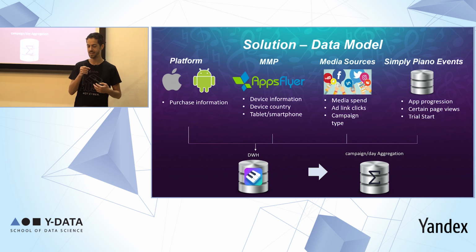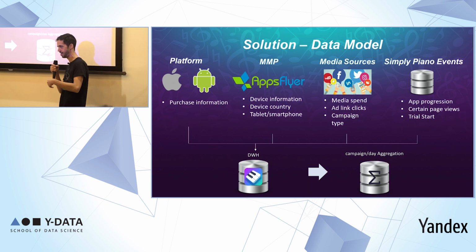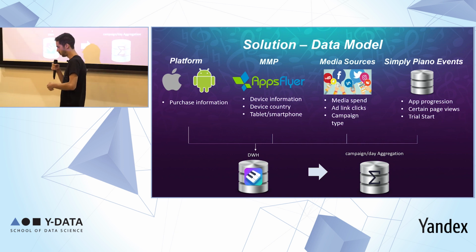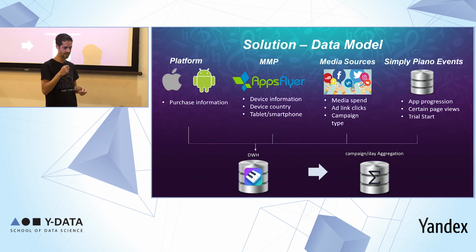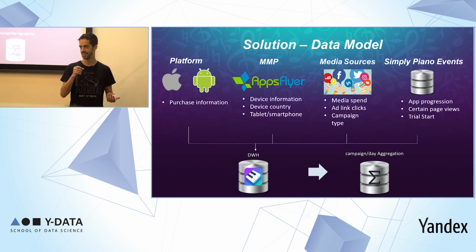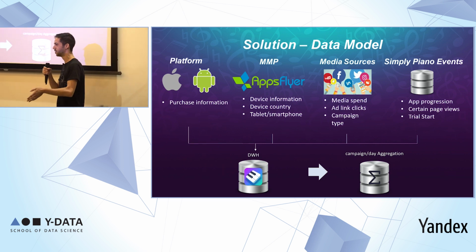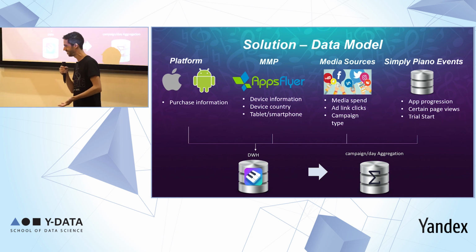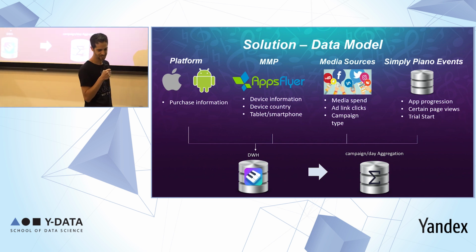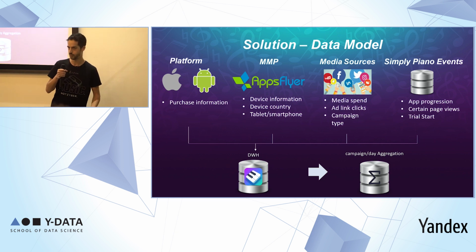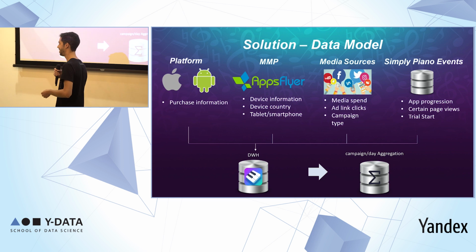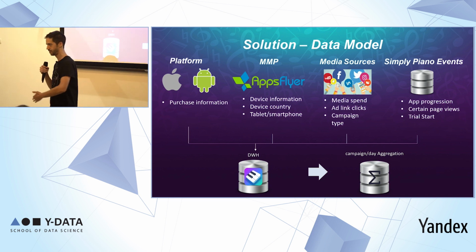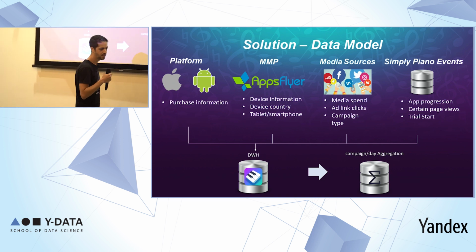We also take certain aspects of app activity: how many levels a user finished, and which levels. Because of our recognition engine, we also have an indication of whether our users have a piano at home or not, which is also really important. And certain page views, such as a payment page or any other important points in the user journey inside our app.